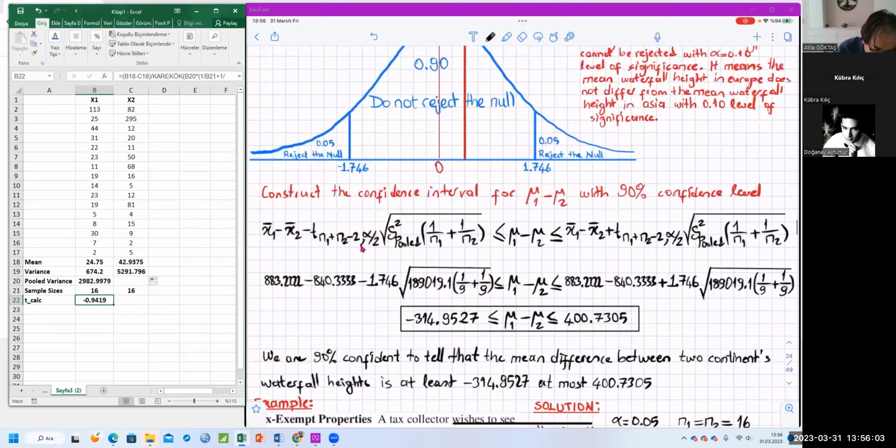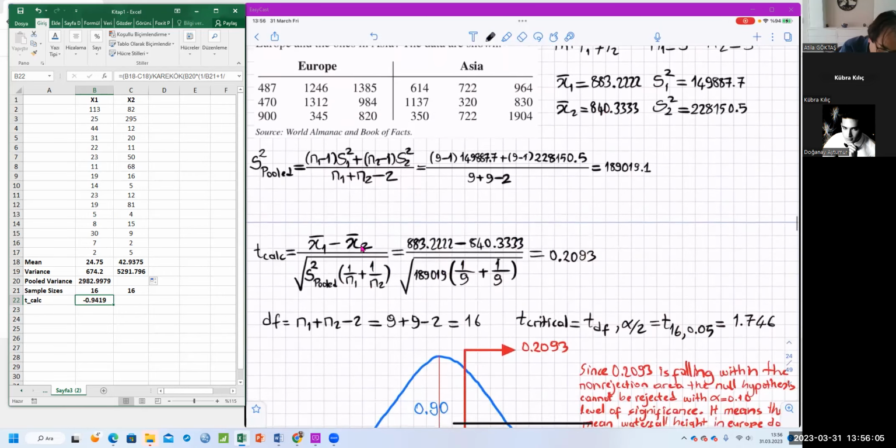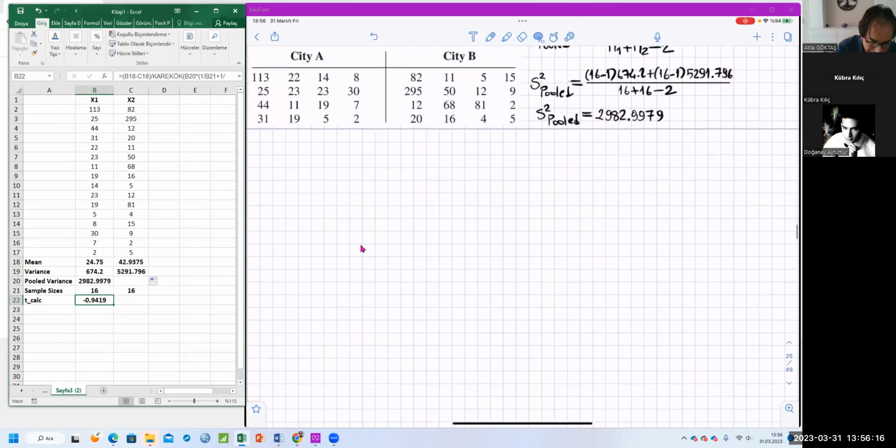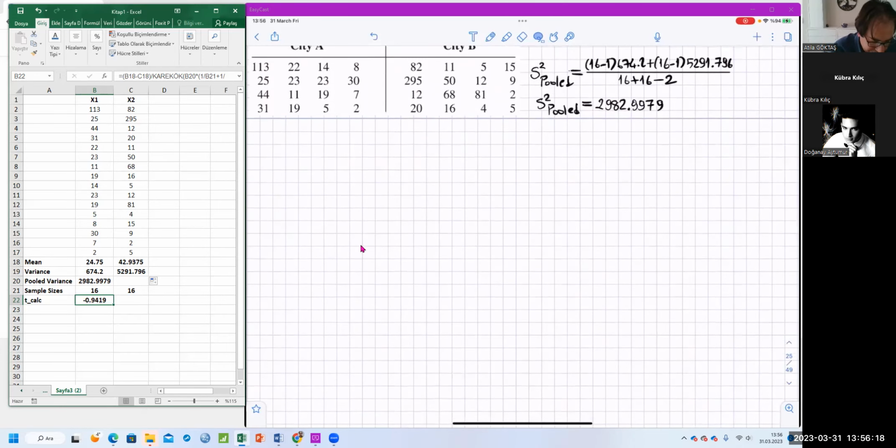And the calculated statistics, I can also get it from this. Calculated statistics. Copy this. I can perform the calculated statistic within the next page, my lecture note. So this is the calculated statistics.